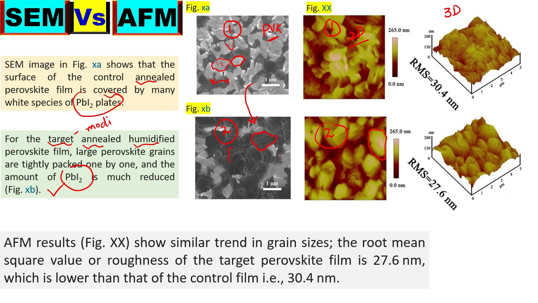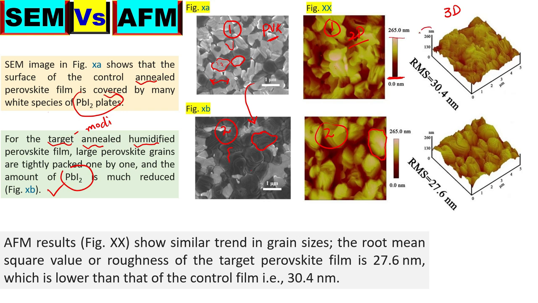Here this vertical bar basically shows the variation in height. If you look at this three-dimensional image, it is just like mountains. The bottom we just take as 0 nanometer, and this height can reach 265 nanometer.